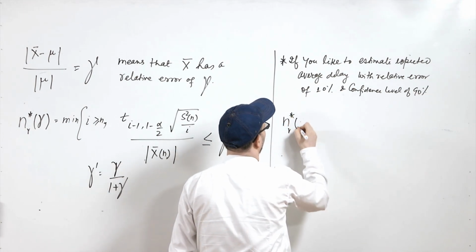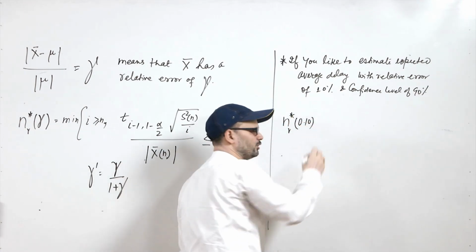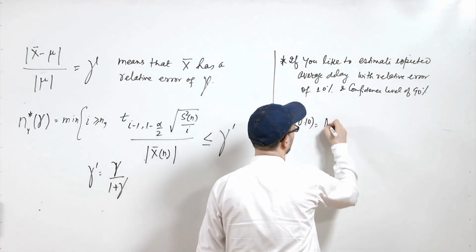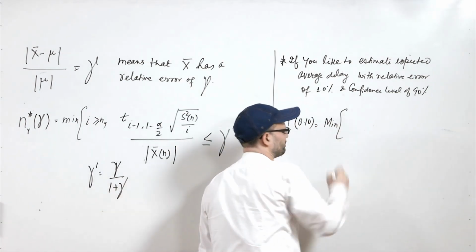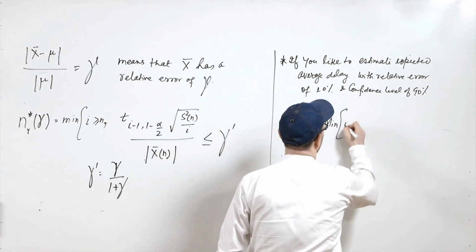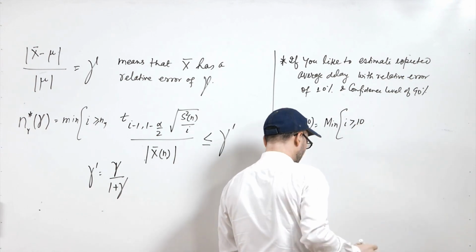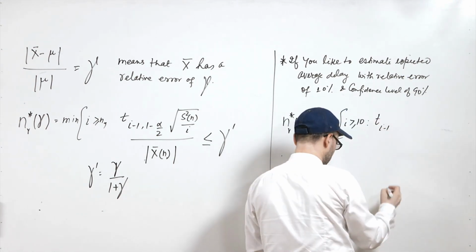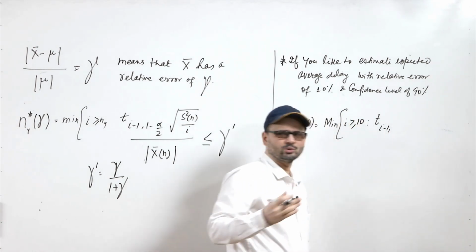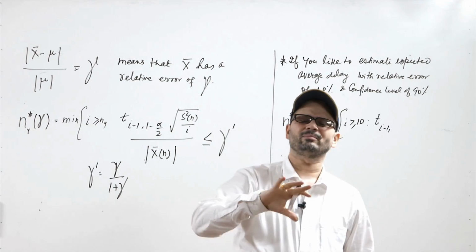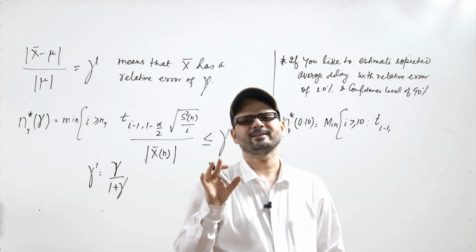So, we have to go for 0.1, since only 10% is specified, and for that we are going to see all the values. So, we will go on increasing that. So, n will be more than or equal to 10, and for that t n minus 1 and then 1 minus alpha by 2 again. If 1 minus alpha is 0.9, then 1 minus alpha by 2 will be 0.95.